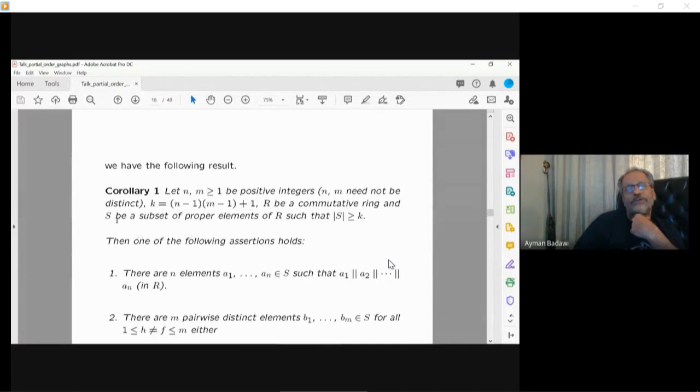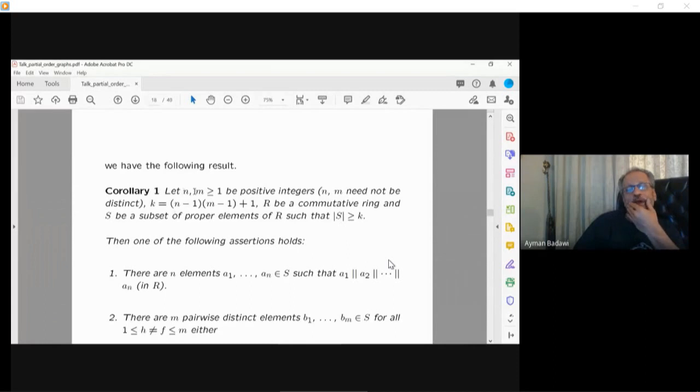And you take a subset where the number of elements in this set is bigger or equal to 13. So what can we conclude? Remember, n is 4 and m is 5, and my set has at least 13 elements in it.